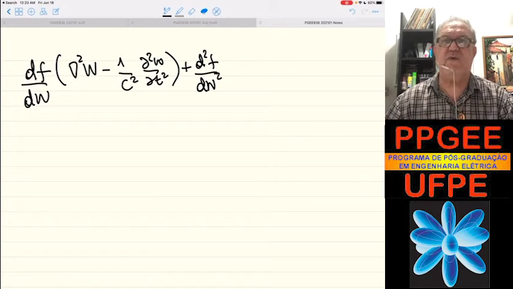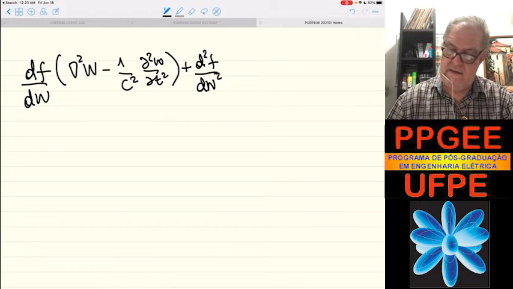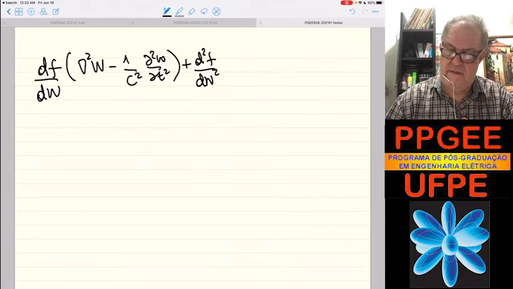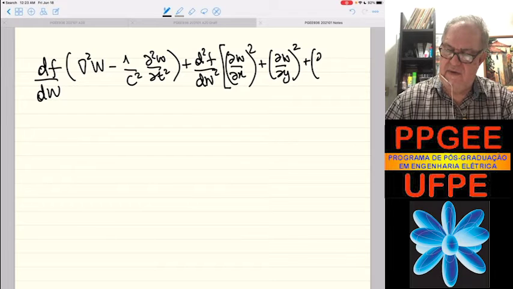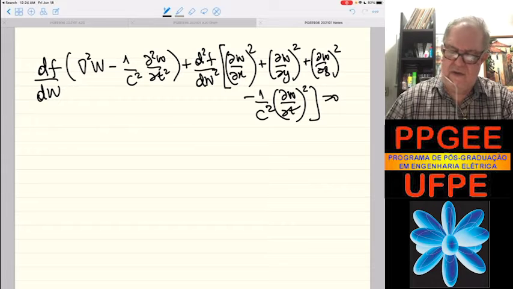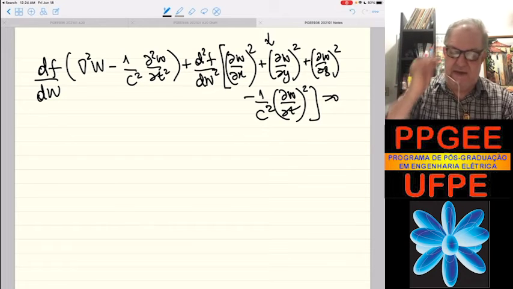The other term is going to be squares. So it's going to be something like this. dw/dx squared plus dw/dy squared plus dw/dz squared minus 1 over c squared dw/dt squared equals 0. Well, if you want, this is the magnitude square of the gradient of w, right? So let's do it like this.